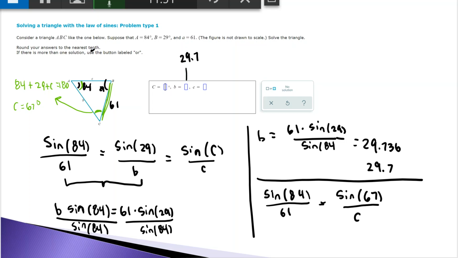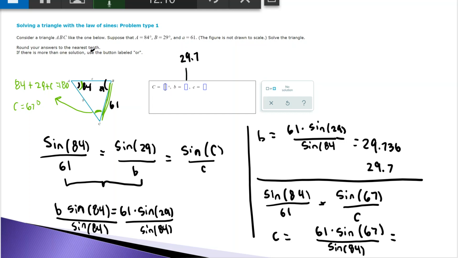I'll skip a few steps now. It's the same algebra as what I did to find B. So I'm just doing two steps at once instead of doing it one at a time.